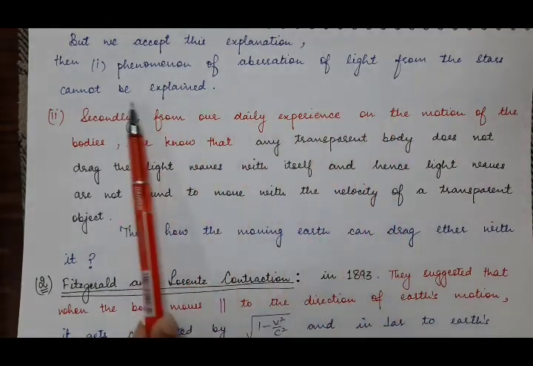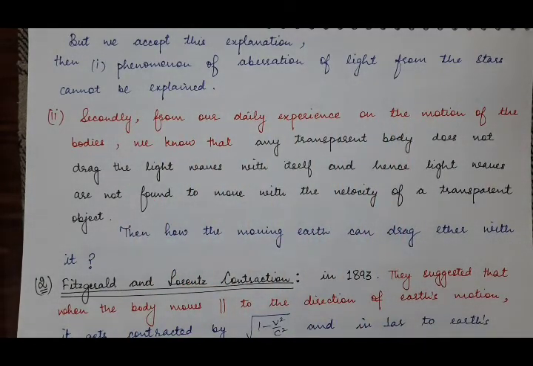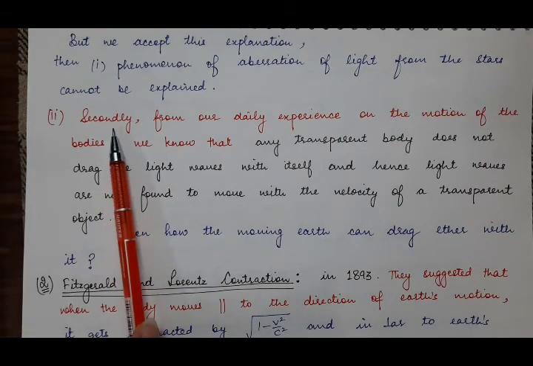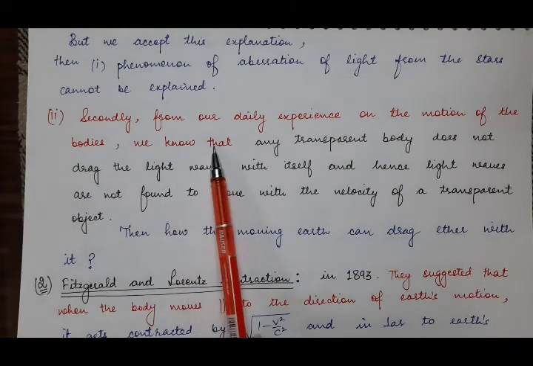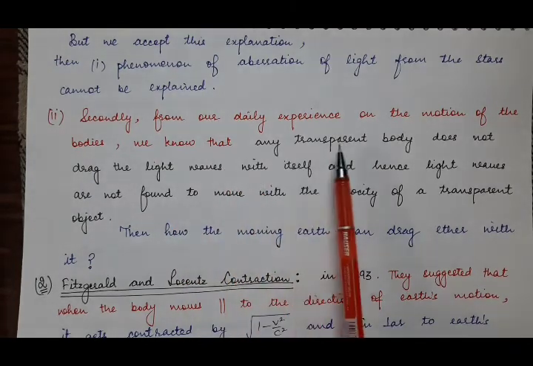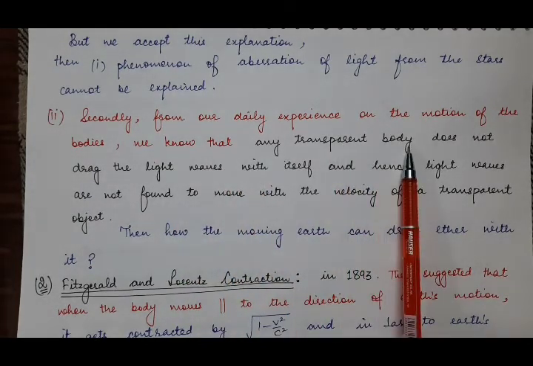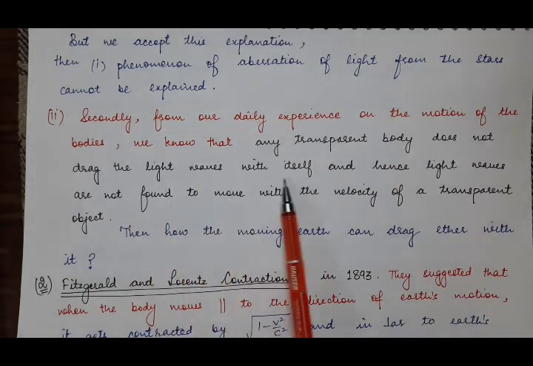This phenomenon cannot be explained if the concept of ether drag is true. And second is, what is the property of ether? We have already studied in the previous lecture that the property of ether is transparent and highly elastic. And we know that any transparent body doesn't drag the light waves with itself.